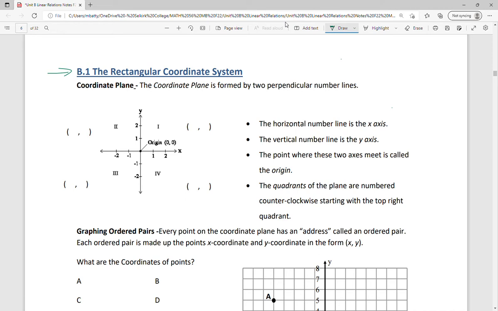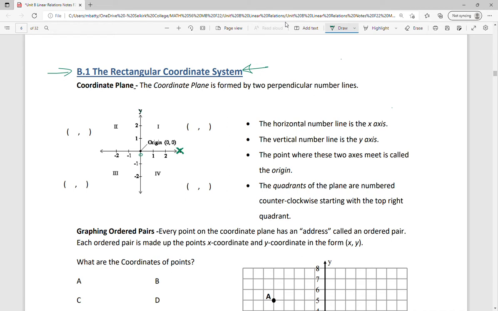If you remember playing Battleship, you totally have played this or followed this kind of a system. So we're going to introduce you to the rectangular coordinate system. Basically there's two axes that intersect. There is a horizontal x-axis, and it's basically a number line with 0 in the middle, +1, +2, and then -1, -2.